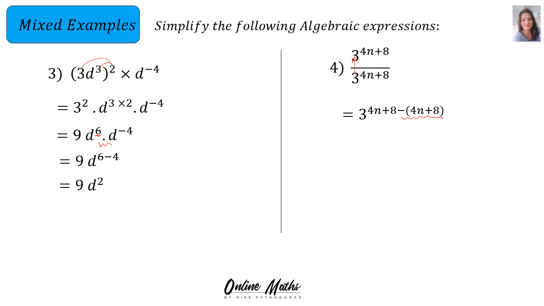And then you will multiply in the negative, and it becomes 3 to the 4n plus 8 minus 4n minus 8, and then 4n minus 4n is nothing, plus 8 minus 8 is nothing. But then you have to write that you're left with 3 to the 0, because anything to the 0 is equal to 1.